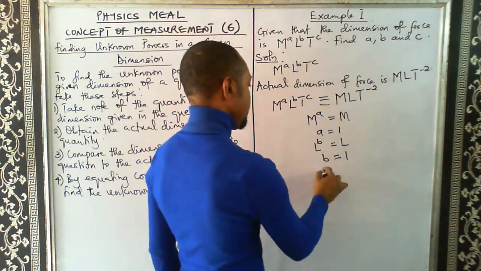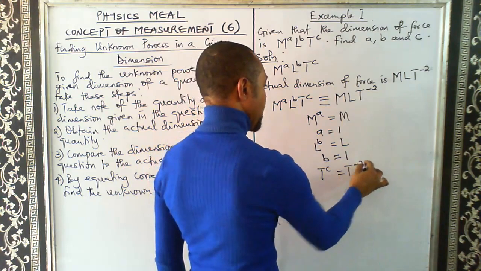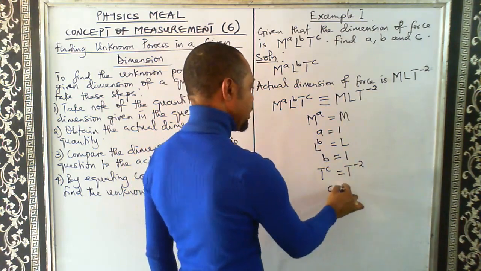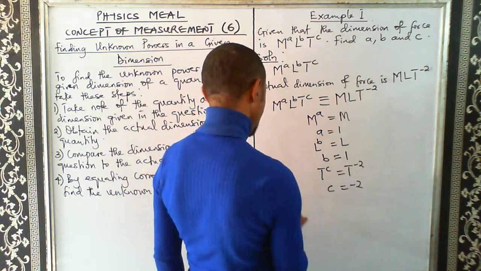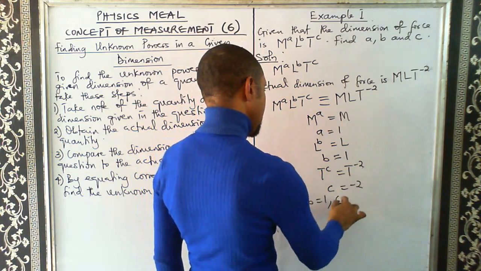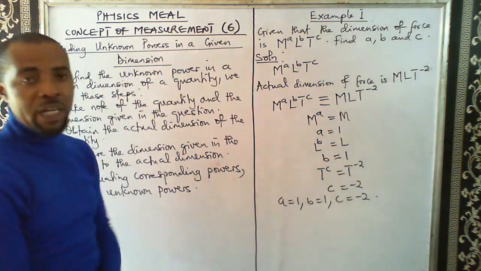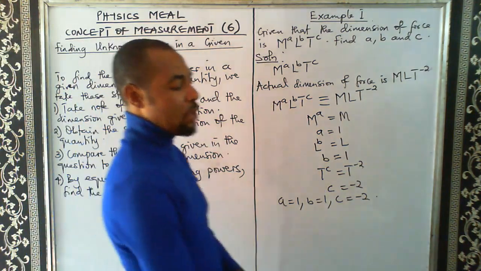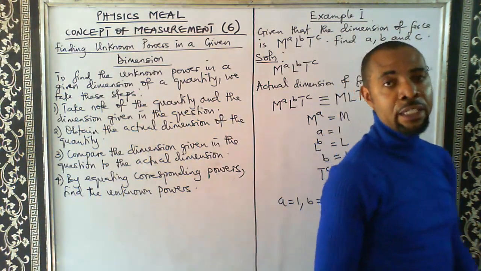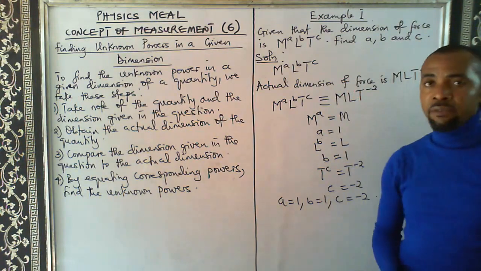Then T to the power c is equal to T to the power minus 2, so the power here is c and the power here is minus 2. So our a is 1, our b is 1, and our c is minus 2. That's how to find unknown powers in a given dimension.